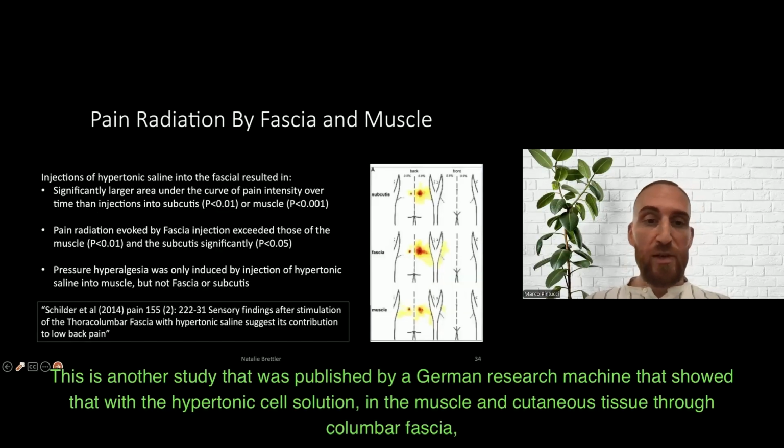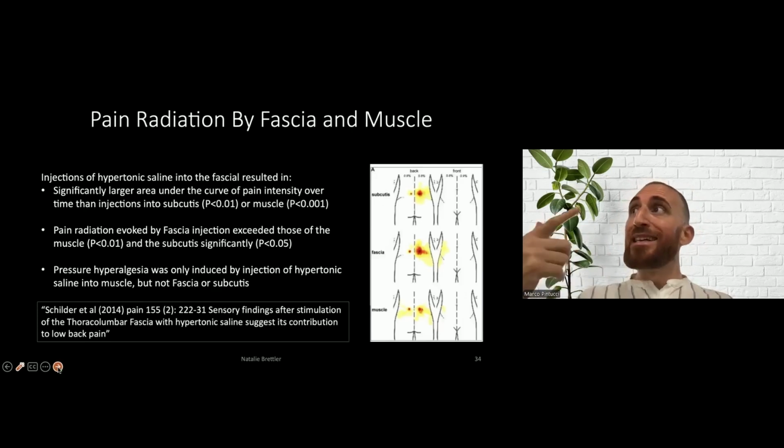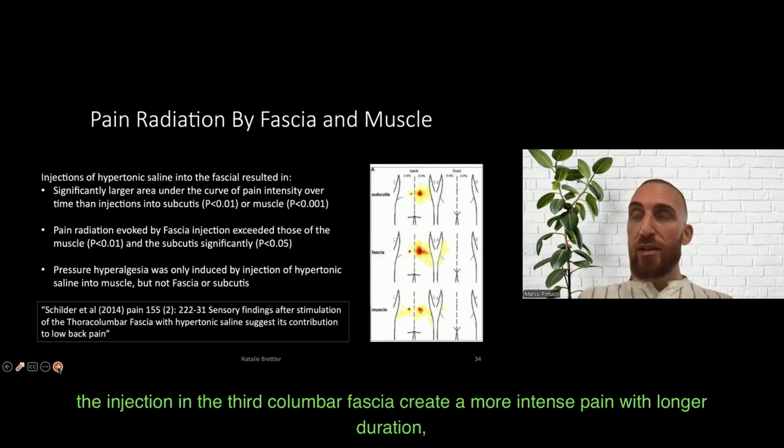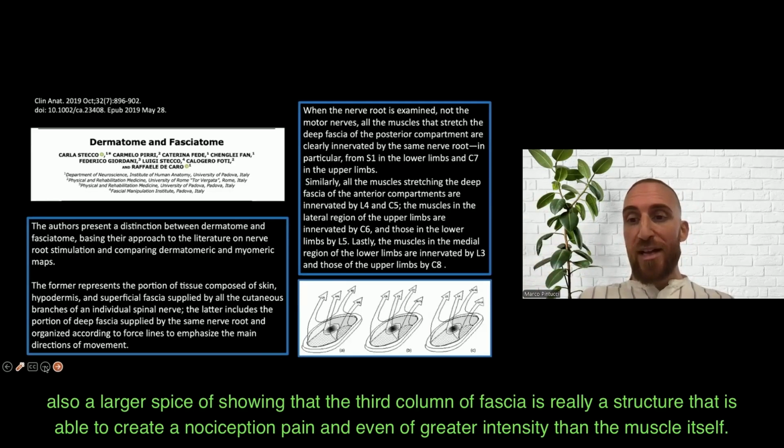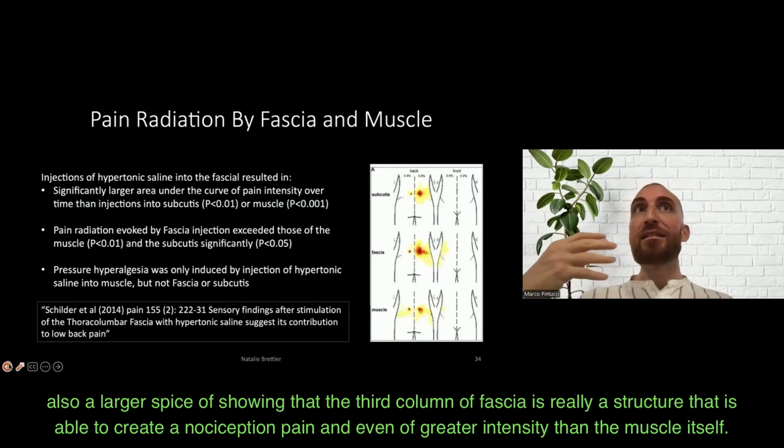This is another study, published by the German researcher Schindler, that showed that with hypertonic saline solution injected in the muscle, subcutaneous tissue, and thoracolumbar fascia, the injection in the thoracolumbar fascia creates a more intense pain with longer duration, and also a larger spatial irradiation, showing that the thoracolumbar fascia is really a structure that is able to create nociceptive pain, and even of greater intensity than the muscle itself.